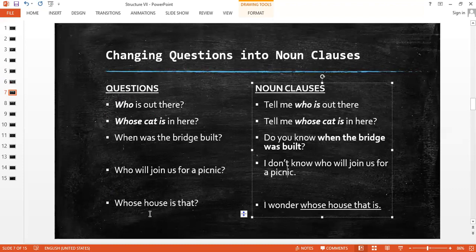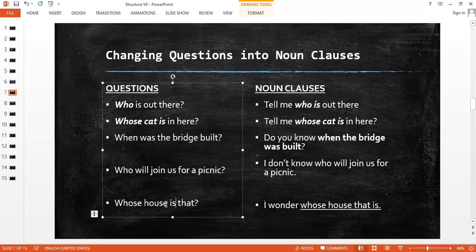And then the next example: whose house is that? It is a question. When it becomes a noun clause, it changes: I wonder whose house that is.